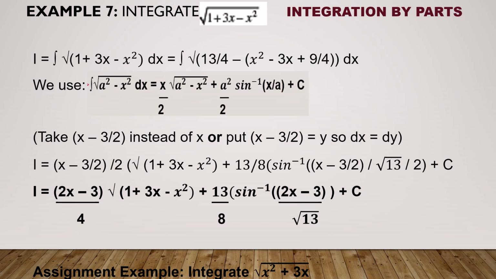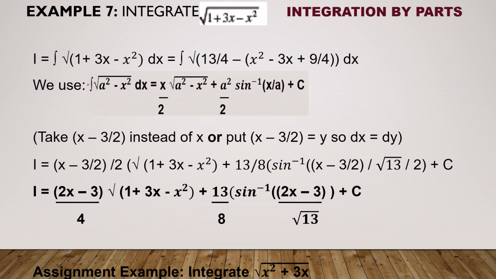So a square is 13 by 4 over here, or a is root 13 by 2. And instead of x, I can take x minus 3 by 2. And why can I take so? Because if it is x minus 3 by 2, you put it as some other y also, dx will be equal to dy. So there is no need to make any other changes.